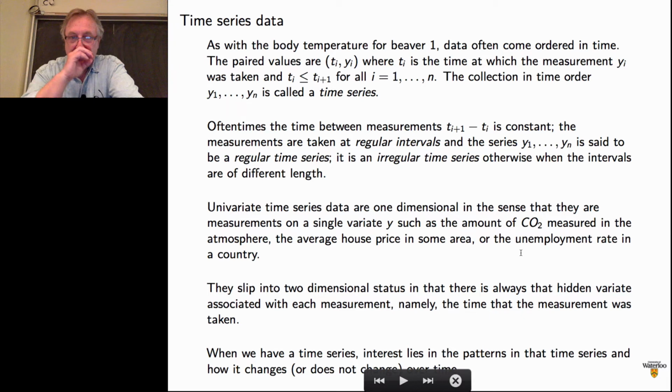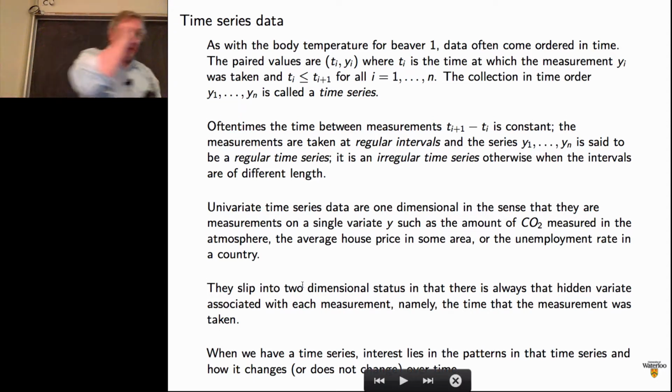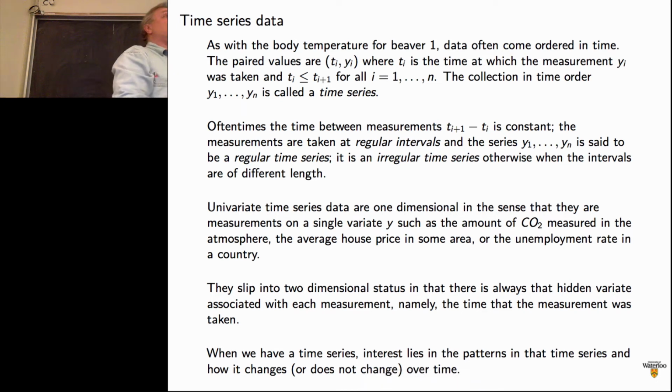So even if there's time here, usually you don't expect time to matter, but I draw your attention to the case where time may not matter, but there's something else changing in time that's actually related to the variate that you're looking at.